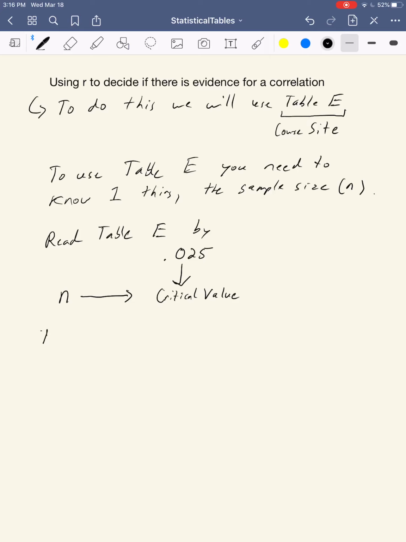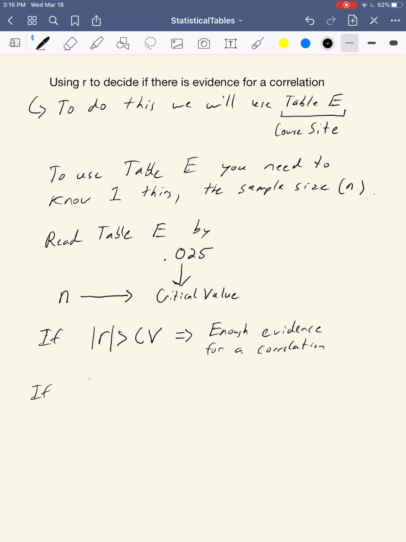So if our R value is larger, and we have to do this in absolute value because sometimes the R value might be negative, if the R value in absolute value is greater than the critical value, what this means is that we do have enough evidence for a correlation.